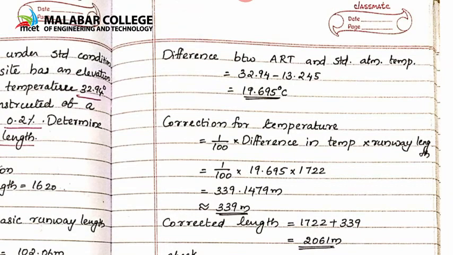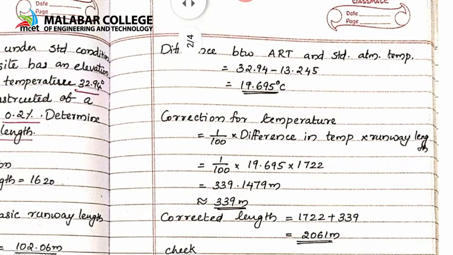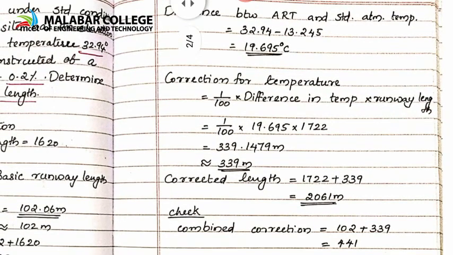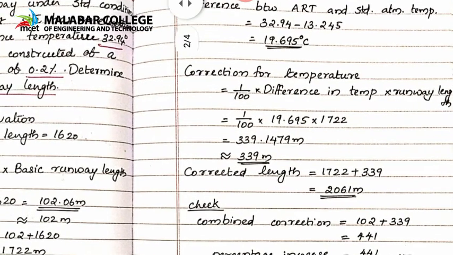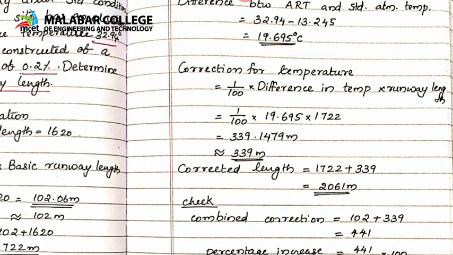That is equal to 339.1479 meter, approximated to 339 meter. Then the corrected length is equal to 1722 plus 339, the length after correction for elevation plus correction for temperature, that is equal to 2061 meter.